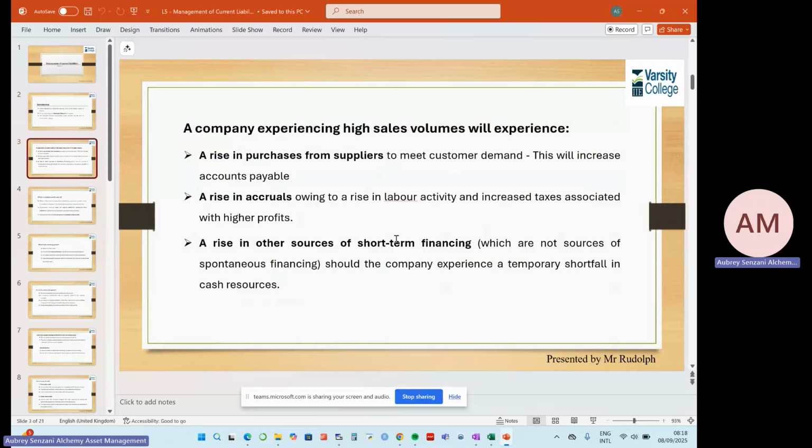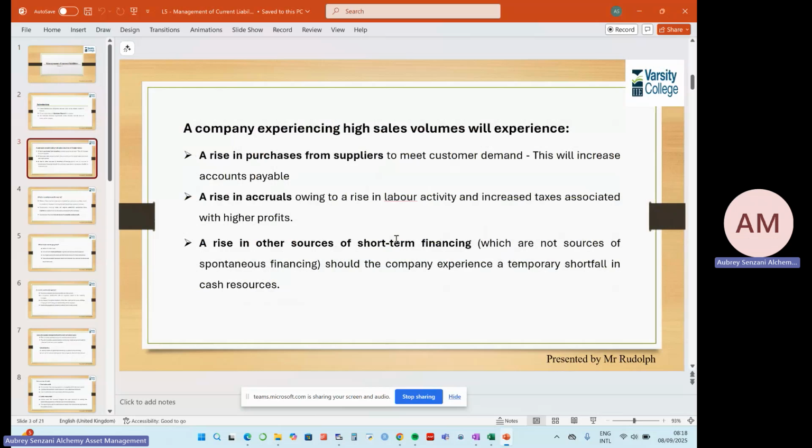The more active we find ourselves, the more financing we would obviously need, and subsequently, the more we might choose to use short-term loans or external financing as a result.